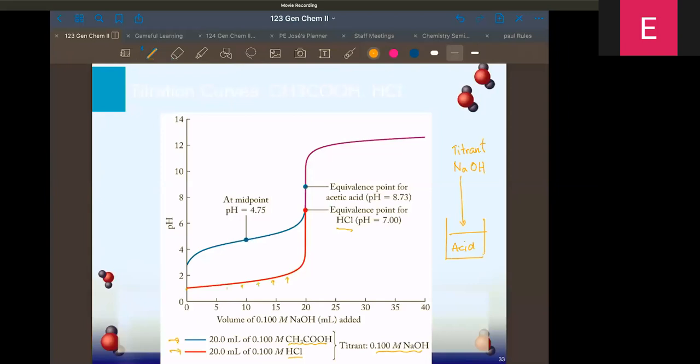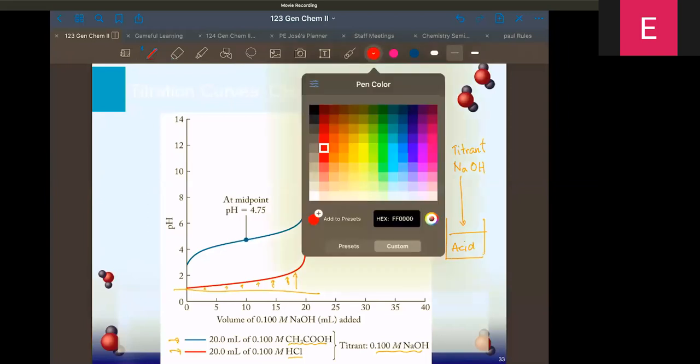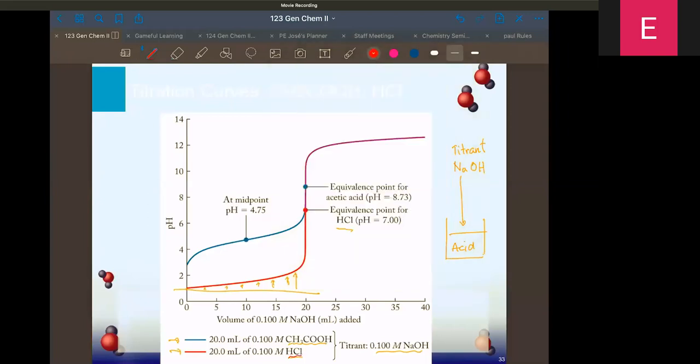I'm going to start with very little deviation, and as you add more base, let me see if I can draw a straight line here. Not a straight line, but you can see that the distance between these points actually increases all the time. And that's characteristic of a strong acid, strong base: NaOH reacting with the strong acid HCl. So that's the red, HCl with NaOH.